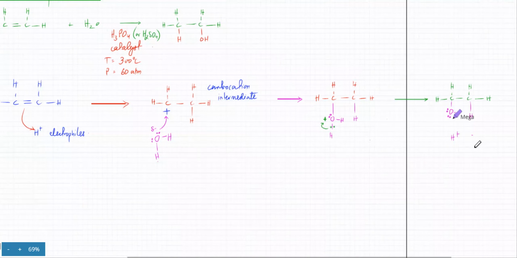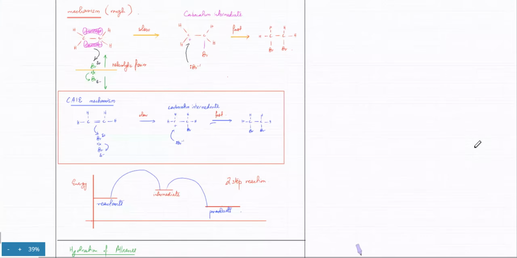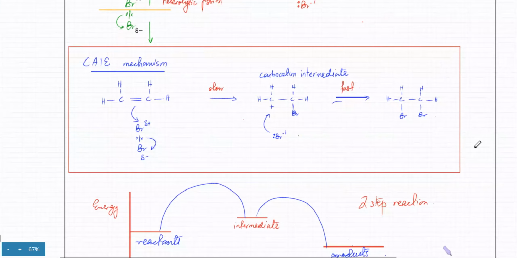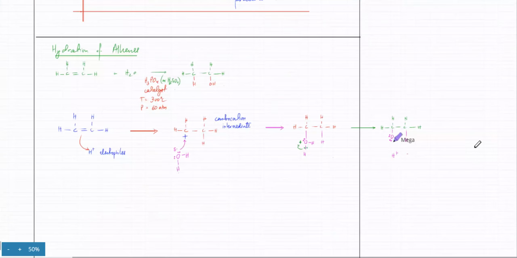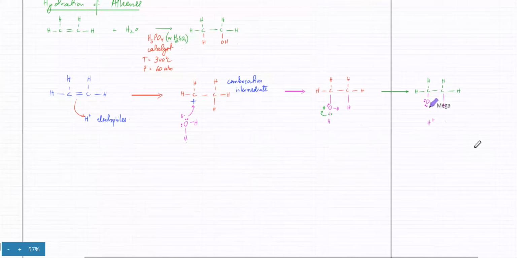So in the exam, do we write the third step or do we just skip to the fourth step? You're going to write the whole step. Usually this mechanism doesn't come very often, but it can.